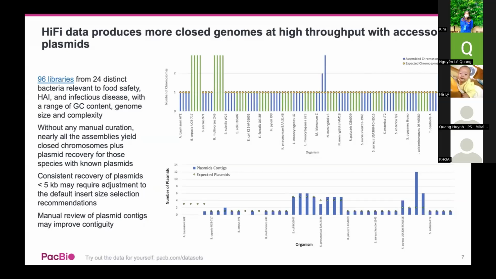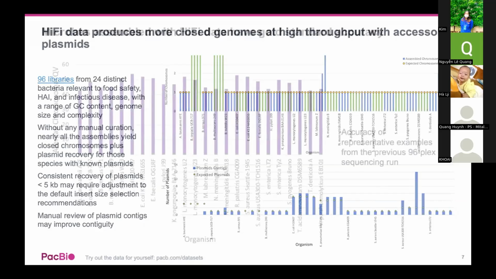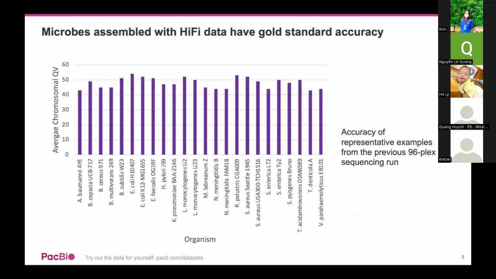You can also see in the bottom figure that most of the bacterial genomes have the expected number of plasmids. And when we look at the assembly accuracy of these microbial genome assemblies, we found that these assemblies are all around Q50 or so. That's one of the benefits you can get from using highly accurate Hi-Fi reads.